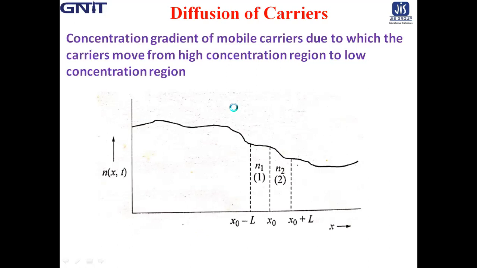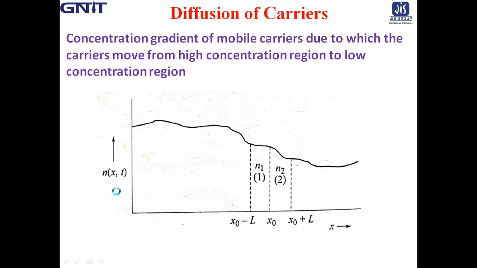Since the collisions are random, the probability of movement in any direction is the same as that in the opposite direction. So in this figure, this is the electron concentration profile n(x,t), which is shown at a particular time, say t.